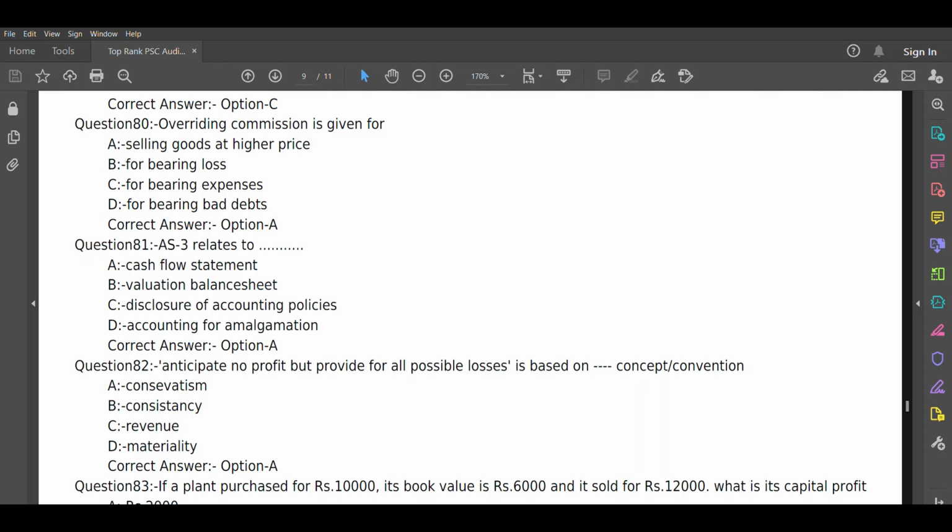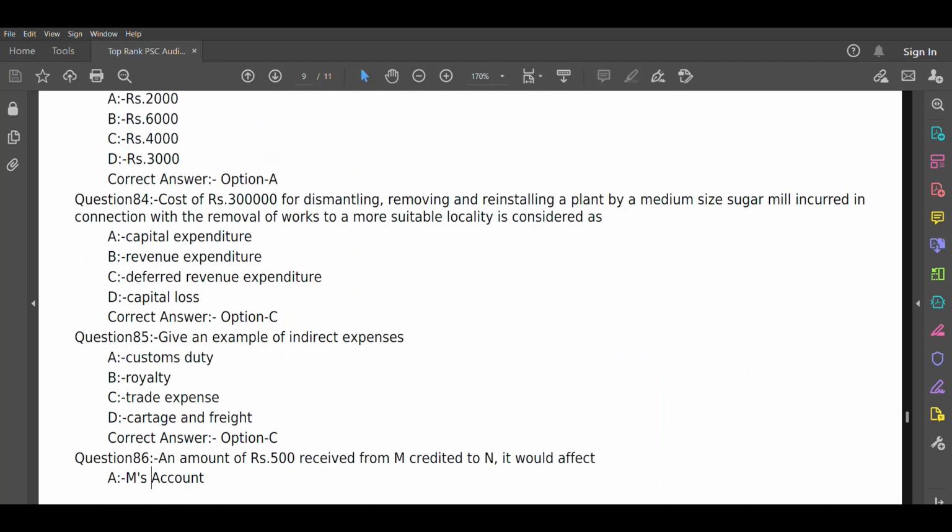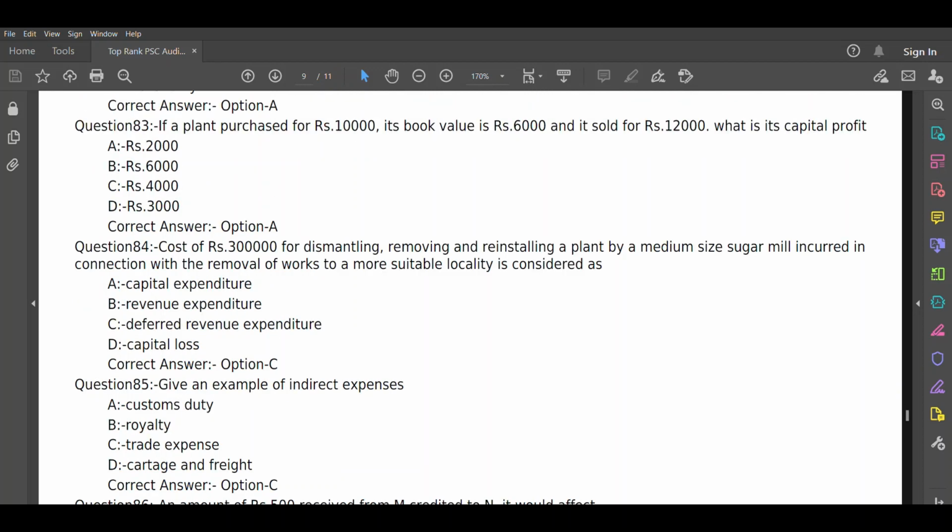Anticipate no profit but provide for all possible losses is based on dash concept or convention. Conservatism. If a plant purchased for rupees 10,000, its book value is rupees 6,000 and it sold for 12,000, what is its capital profit?